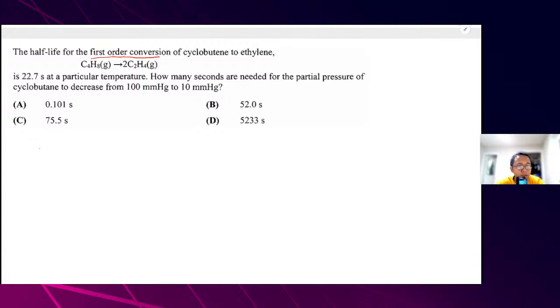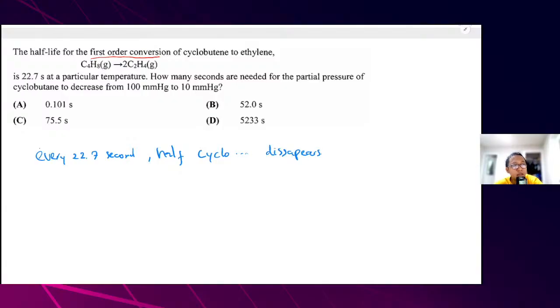Okay, so the half-life for the first order reaction is 22.7 seconds at a particular temperature. You are told that the half-life of this reaction is 22.7. That means every 22.7 seconds, half of the cyclobutene disappears.